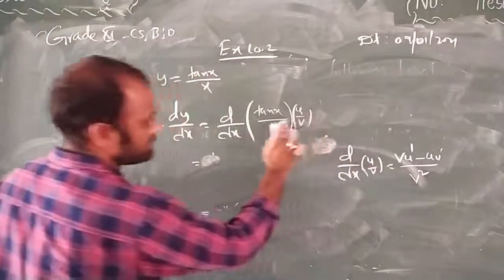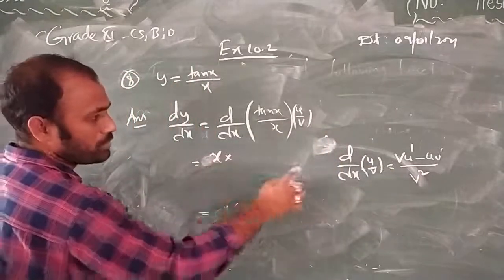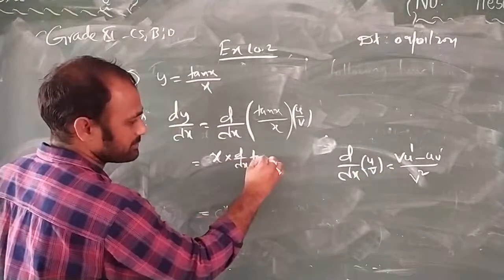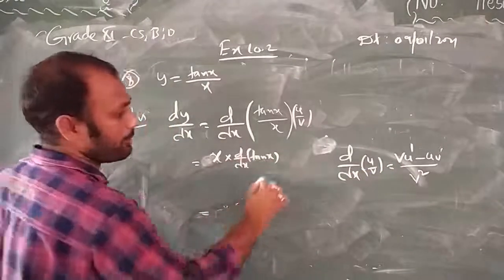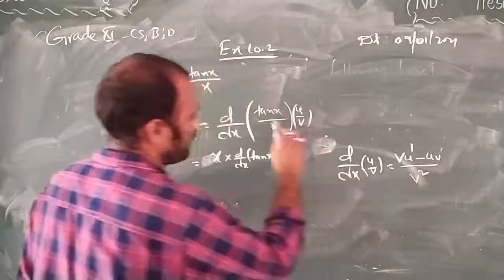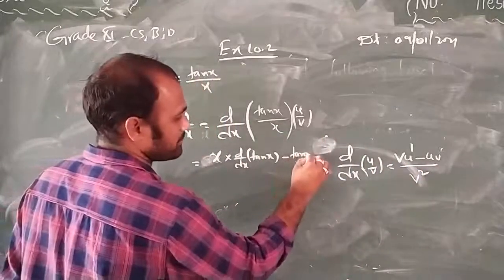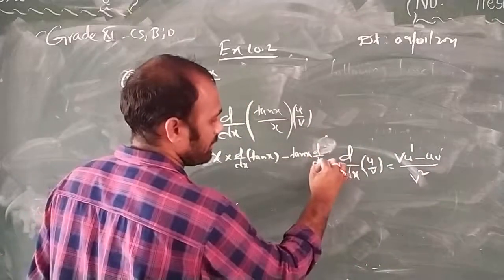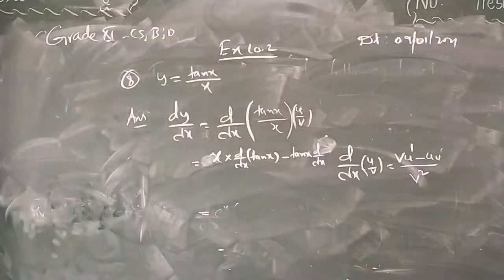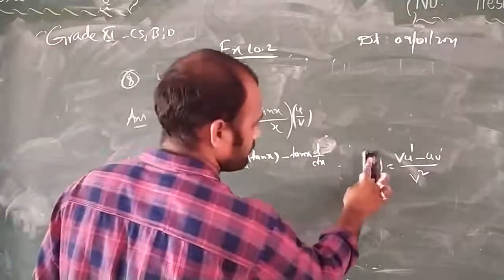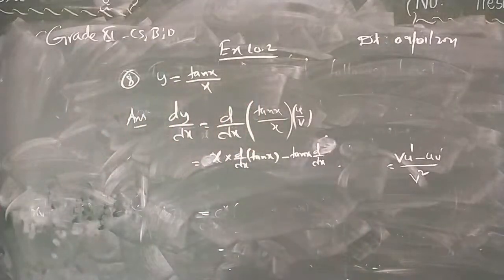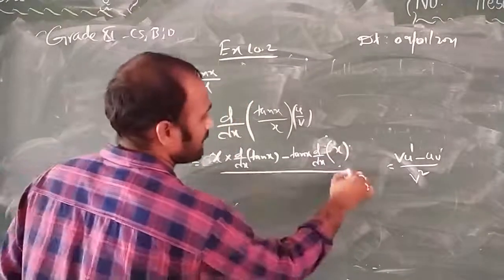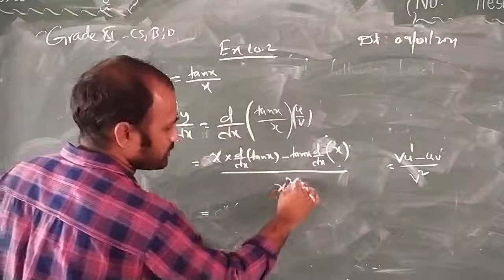First denominator as it is, so denominator here is x into derivative of the numerator, so d by dx of tan x, minus numerator function as it is, that is tan x, derivative of denominator function, that is d by dx of x, divided by denominator square, so it is x square.